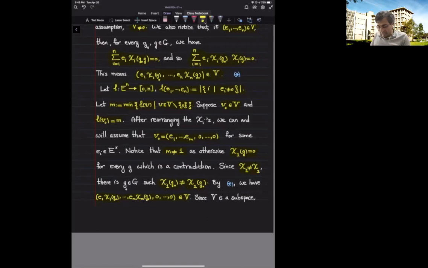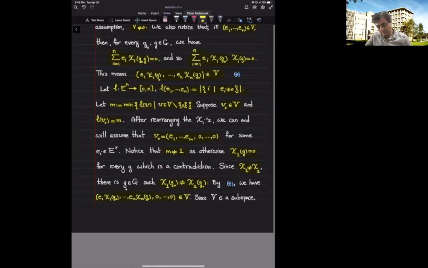I want to manipulate this and make more 0s inside this vector. The way to do it is by getting rid of the first component. So I start with this being inside V. I want to get rid of this guy, so I need to multiply this vector by chi 1 of G naught and then subtract this one. I will still be inside V because V is a subspace, but then I get more zeros.